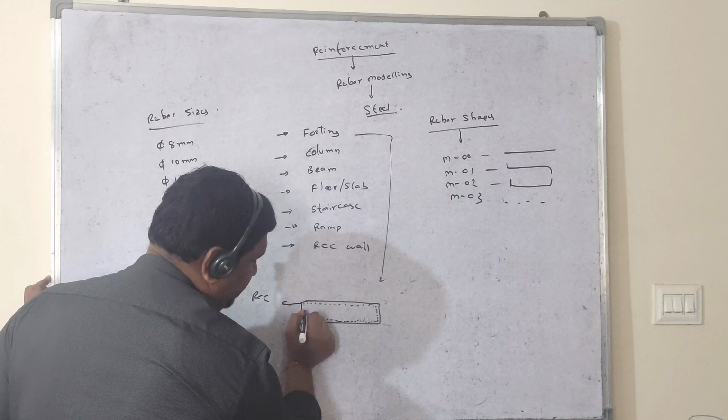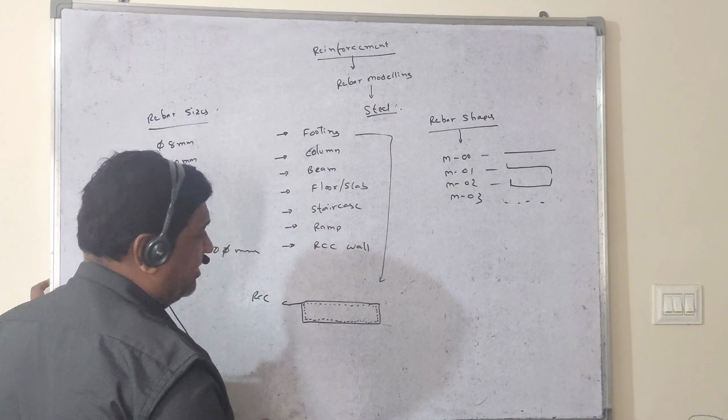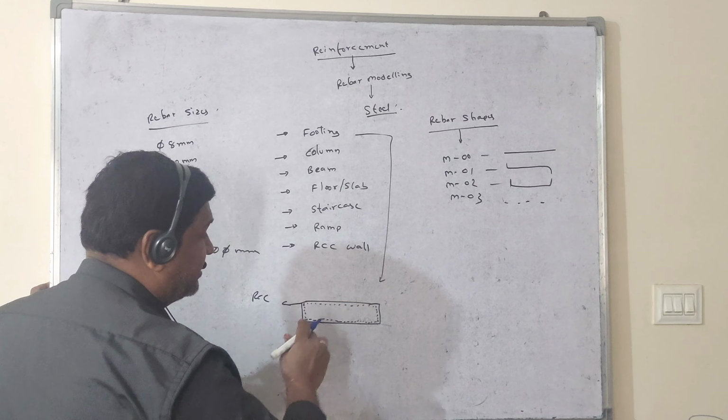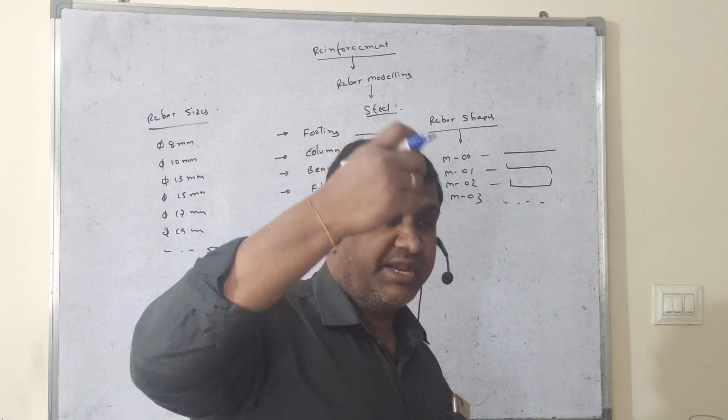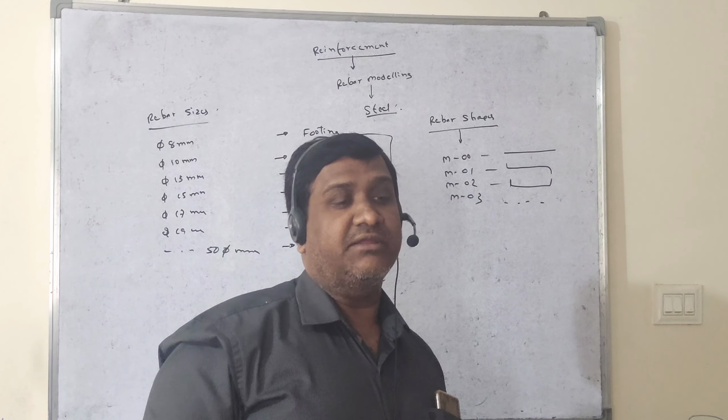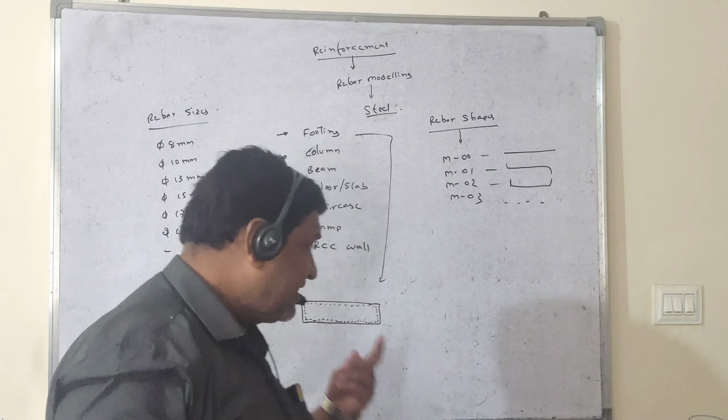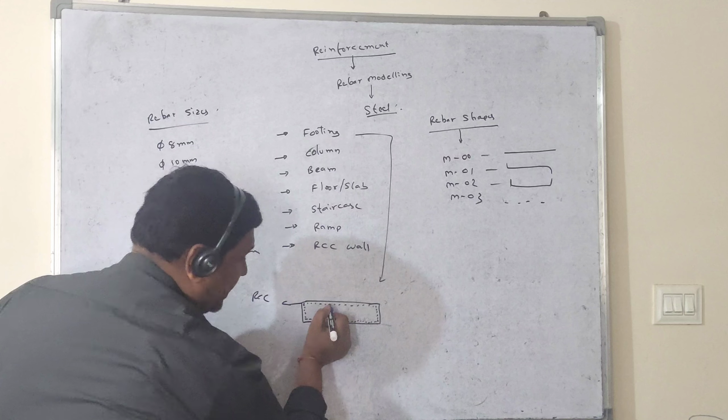Clear cover area means we are not going to place the reinforcement exactly at the outer edge of the component. If the footing is there, we place the rebar inside the concrete, away from the outer shape. That part we call the clear cover.